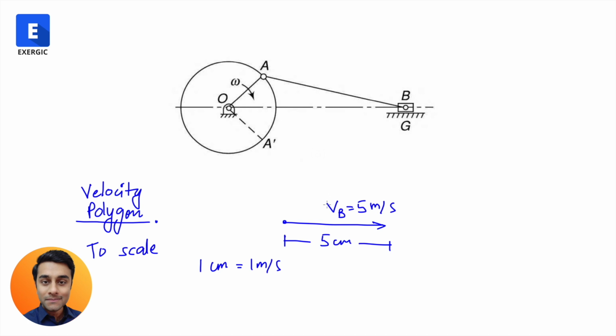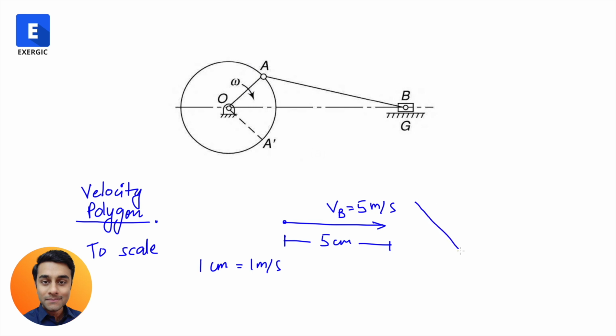For example, if on the same sheet I want to draw the velocity of A as well, and let's say it is in some other direction altogether, right? Then the magnitude of A should go hand in hand with the length of this vector. If the velocity of A is 3 meter per second, then I have to draw a vector of 3 centimeter.